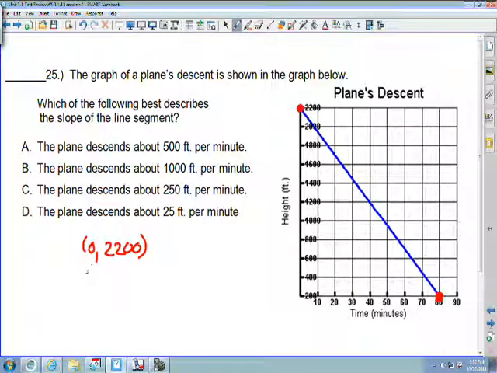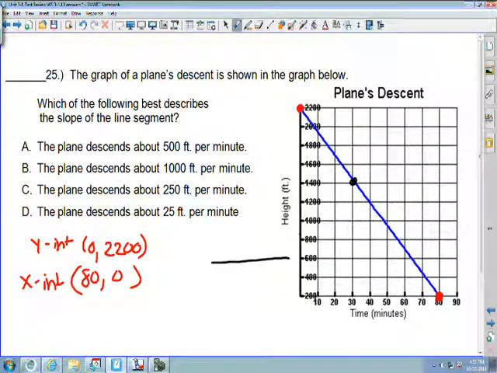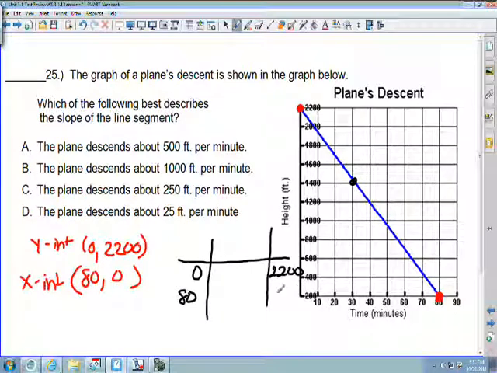It's 80 and 0. See, this is my y-intercept, and this is my x-intercept. You could have chosen other points on the line, but this tends to be the easiest way. I've got 0 and 2200, and 80 and 0.